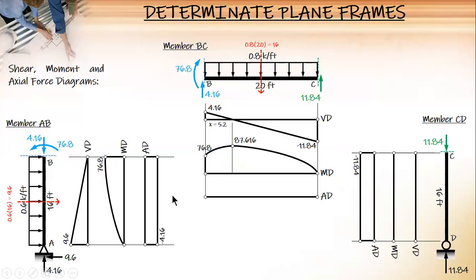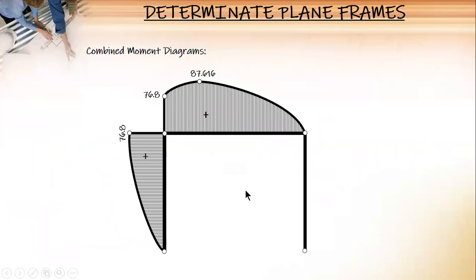Now, okay. Normally, in problems on determinate frames, you are required to show the combined moment diagram. A combined shear diagram is possible, but usually the combined moment diagram is always required. So, we superimpose the moment diagrams of AB, BC, and CD, and we have this.